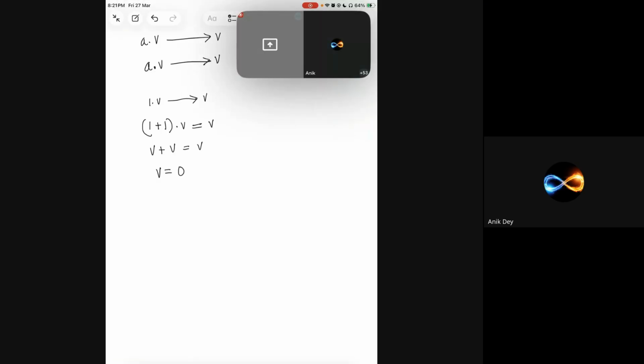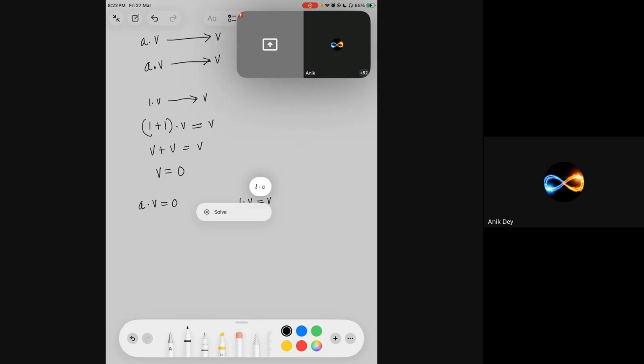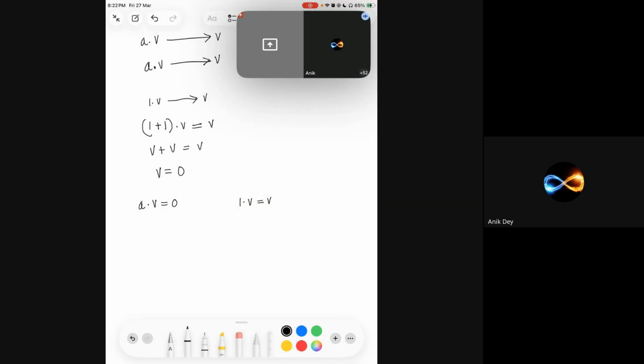Hello, sir. What if we send all a·v to the identity of that group? So you mean to say a·v equals 0. Yes, this is a good idea, but 1·v needs to go to v, right? And what if we restrict the group only to its identity? Then everything will work, right?